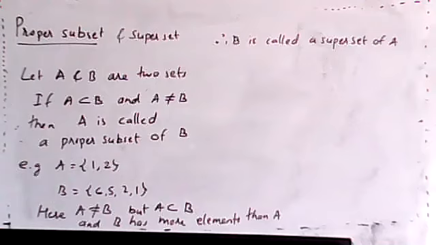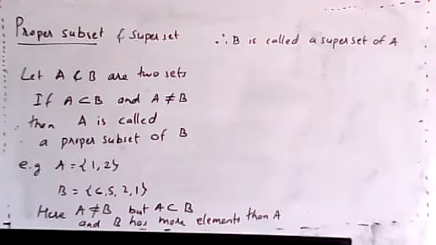Whenever you are comparing two sets, if after comparing, one of them is a subset of the other, then you can verify whether both are equal or not equal. If not equal, one must be a proper subset and the other must be a superset.